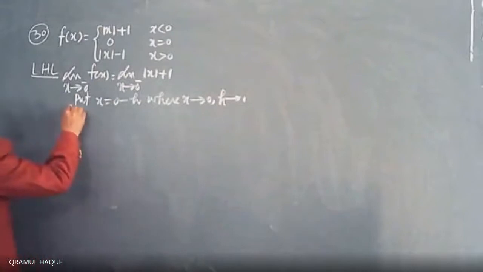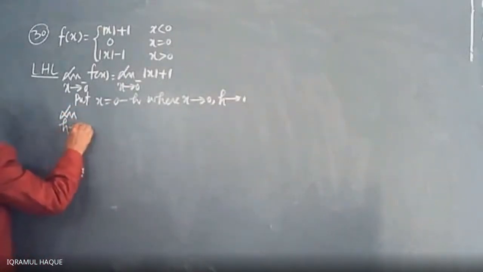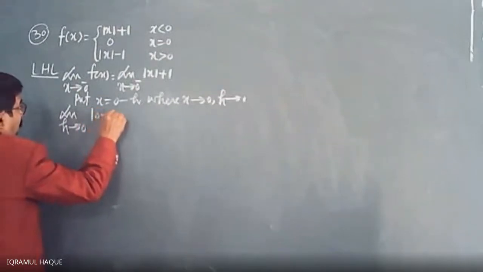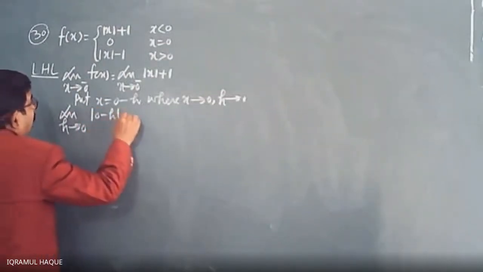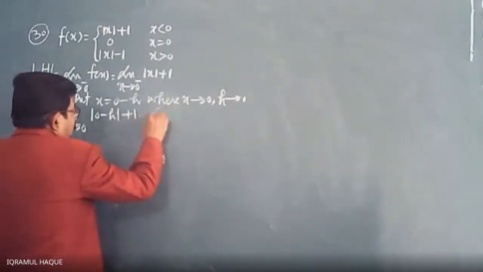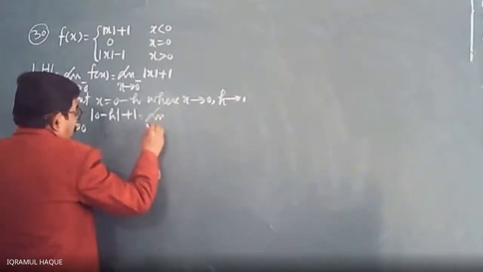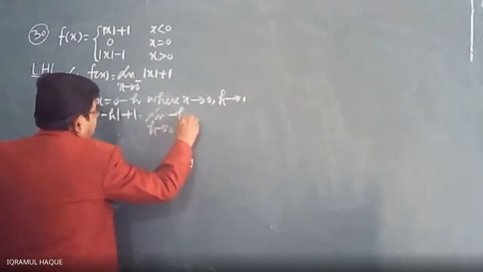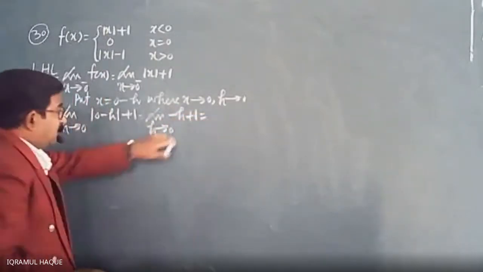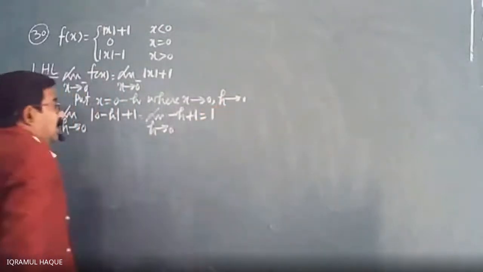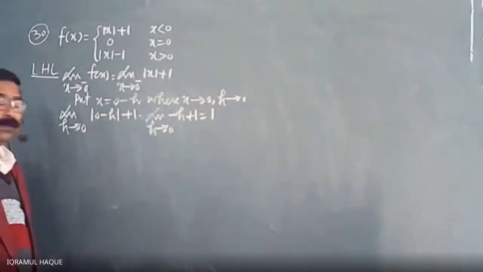We can write limit h tends to 0 of 0 minus h plus 1, which is minus h plus 1. If you put h equal to 0, the answer is 1. By LHL we have 1.